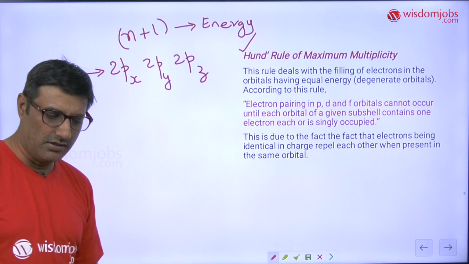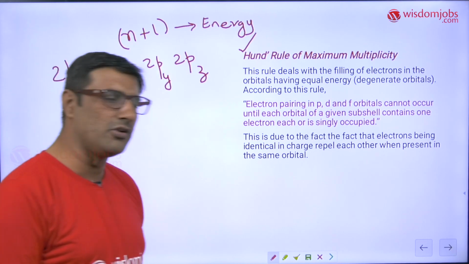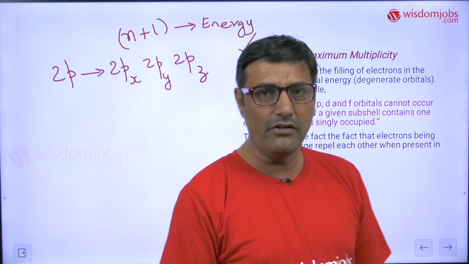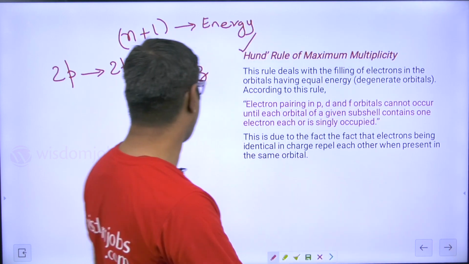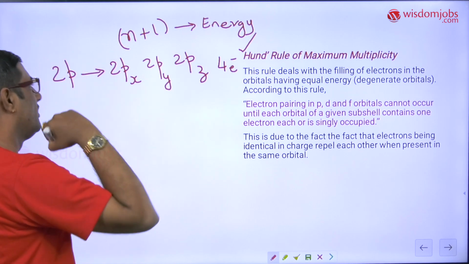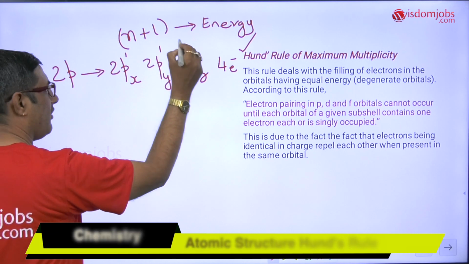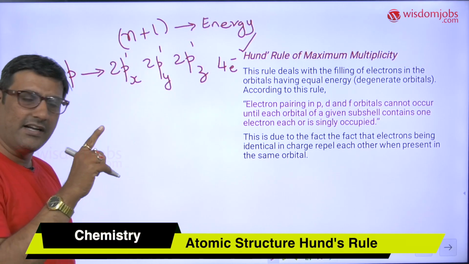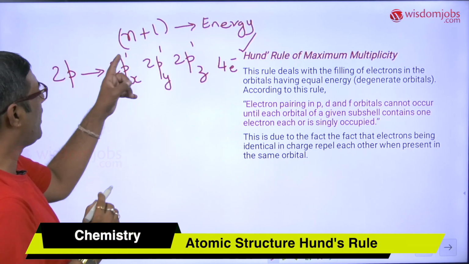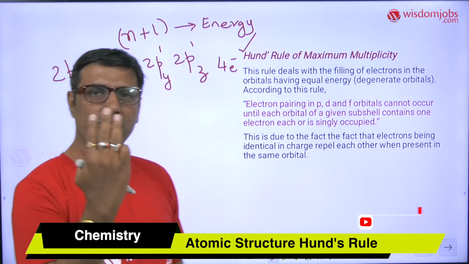If I am to fill 4 electrons in these 2p orbitals, the pairing will not be like this. First of all, every orbital will get 1: one in 2px, one in 2py and one in 2pz. So already 3 electrons are over.